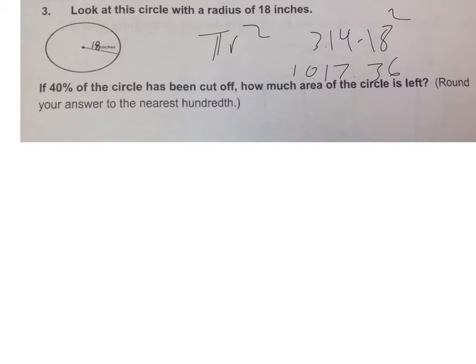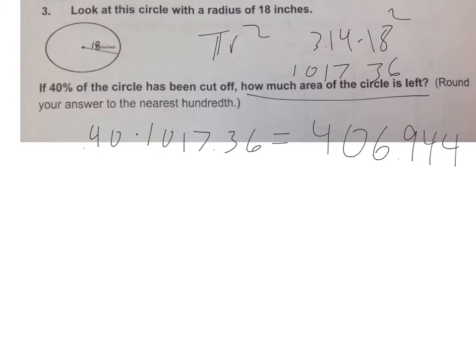But if you're going to cut off 40% of that, then you need to go ahead and find 40% of that, so 0.40 times 1,017.36, and 40% of that is going to be 406.944. But, guys, we want to know how much area is left, which means that the rest of it is left. We just cut this amount off. So we have to subtract that amount from our original amount.